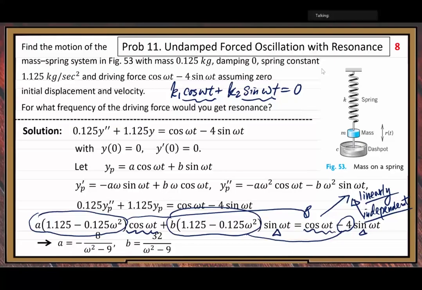Look at the denominator: omega squared minus 9. What would happen when omega equals 3? The denominator is 0. When the denominator is 0, what's the value of A and B?